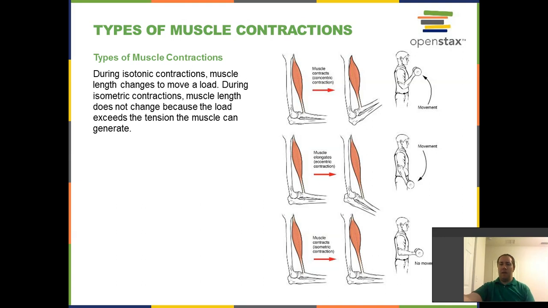And the only way for that to happen is to go like that. And so when my bicep contracts, the point on my forearm has to get closer to my shoulder. When we do that, that is called a concentric contraction.